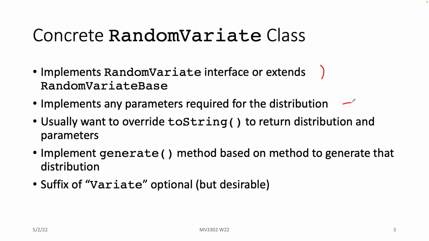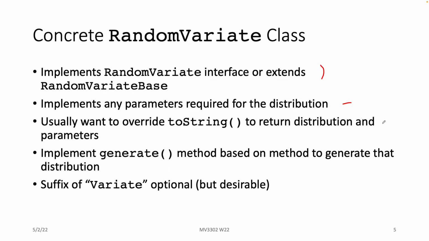We need to add any parameters required for the distribution. So for example, for a right triangle, there was that parameter we called B, which was the maximum value. And so we would need to implement that as a parameter as we've been doing, a private instance variable with a setter and a getter.